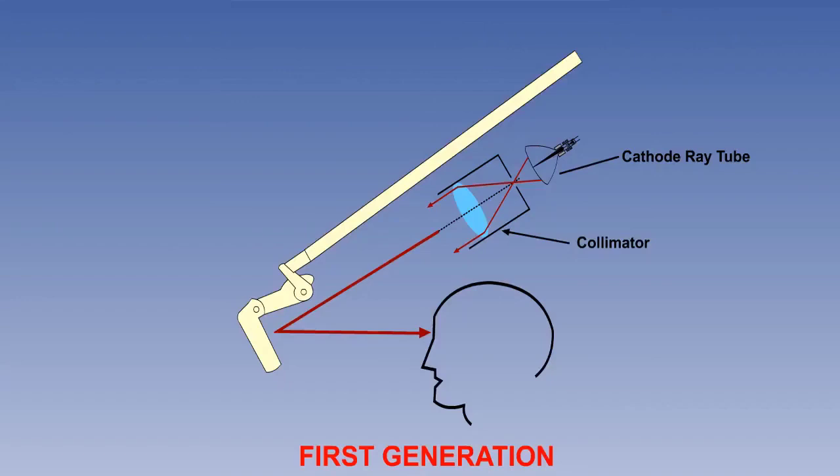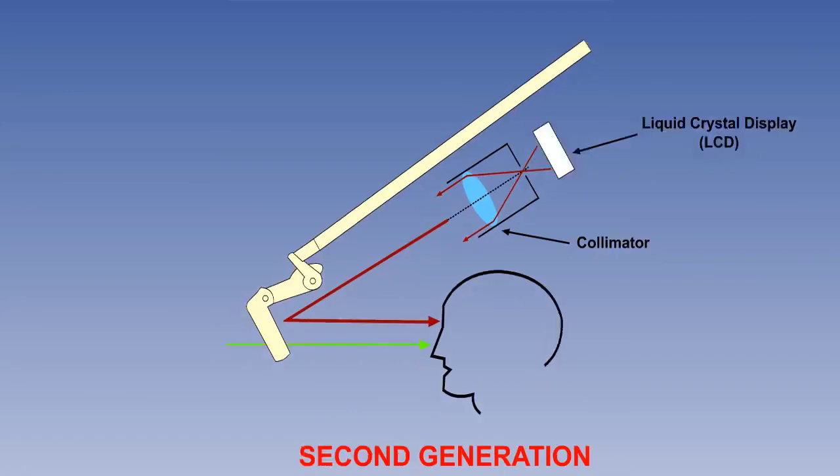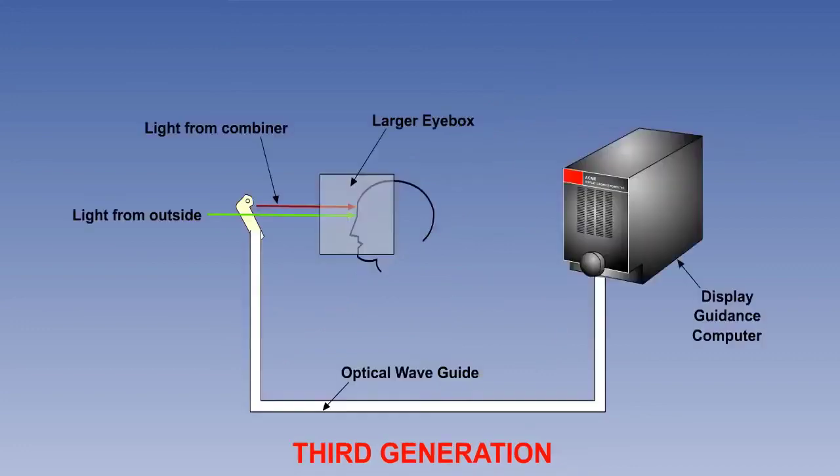There are currently 4 generations of HUD technology. The first uses a cathode ray tube to generate the symbology. Second-generation systems replace the cathode ray tube by a solid-state light source, such as a liquid crystal display. Third-generation systems remove the need for the overhead projector.